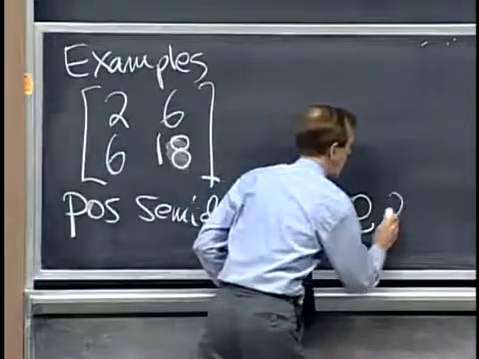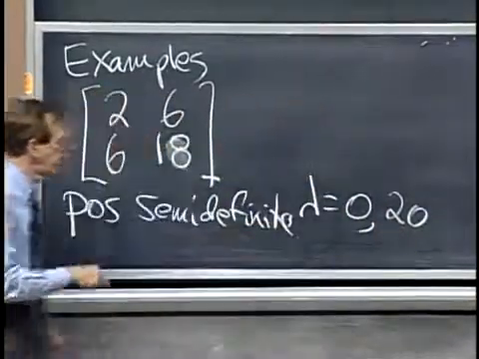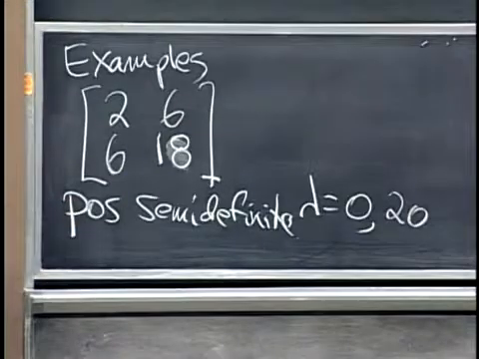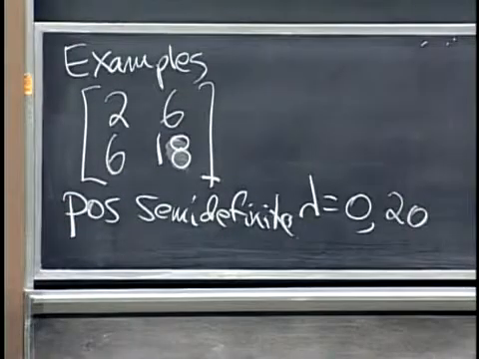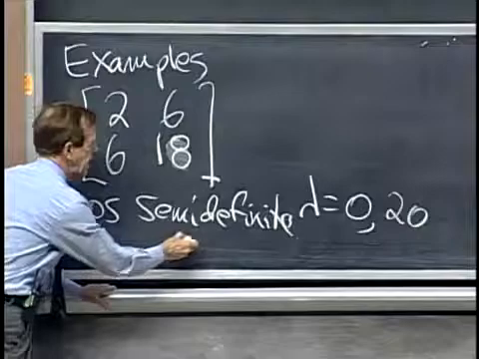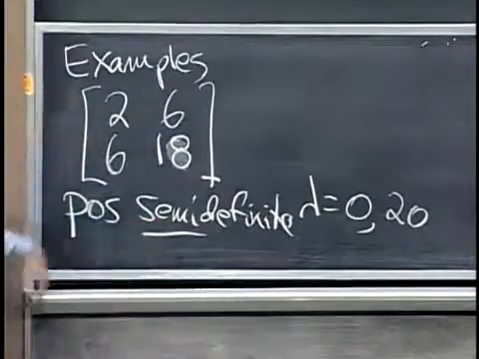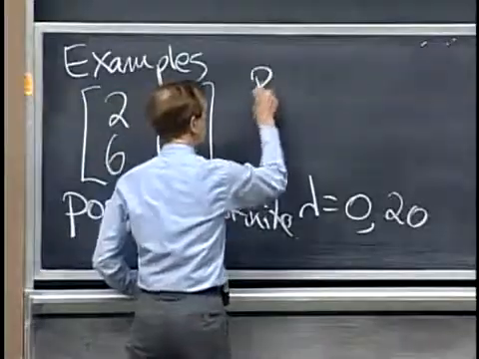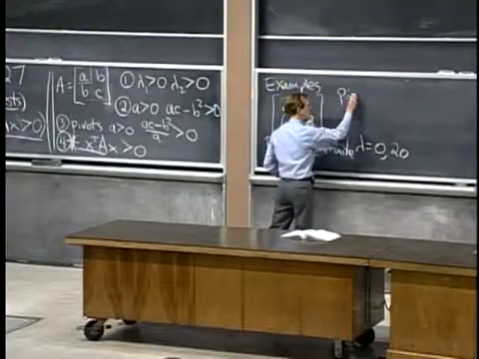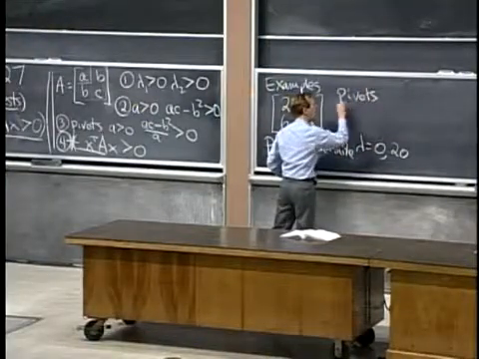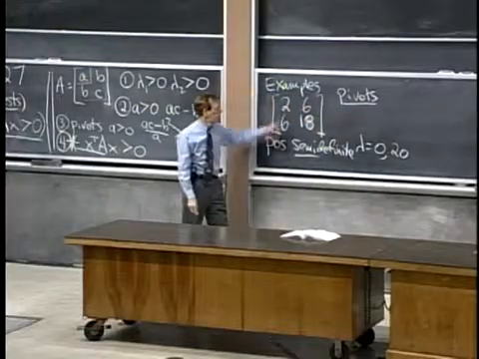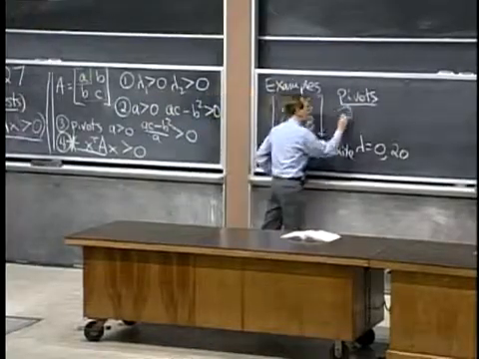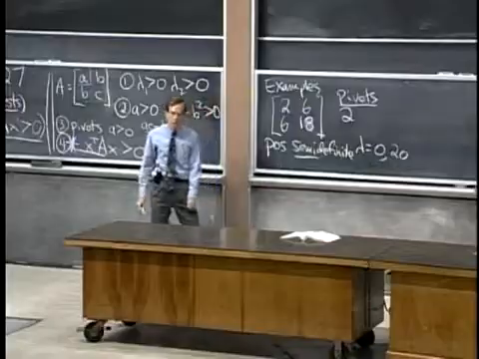Okay, so that matrix has eigenvalues greater than or equal to 0. And it's that equal to that brought the word semi-definite in. And what are the pivots of that matrix? So the eigenvalues are 0 and 20. The pivots are, well, the pivot is 2. And what's the next pivot?